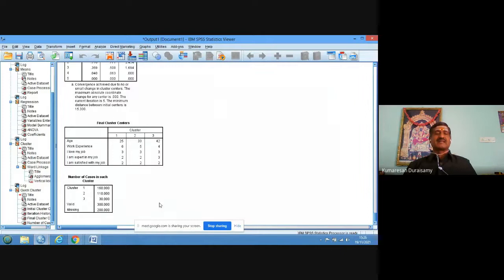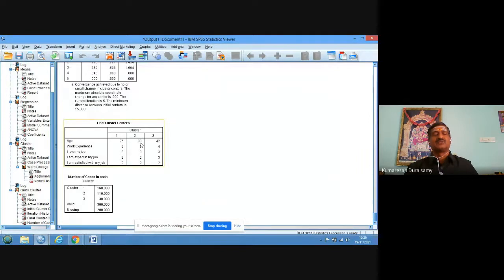Now look at the number of cases in each cluster. In the first cluster, 160 employees are there. In the second cluster, 110 employees. And in the third cluster, 30 employees are there. Totally 300 employees are there. That's all. So from this cluster analysis, we have divided the employees into 3 categories, 3 clusters.